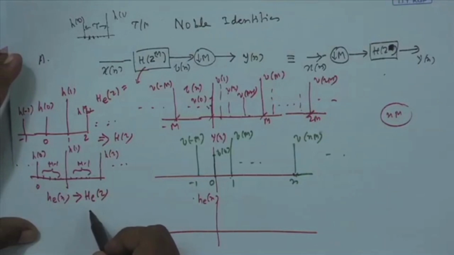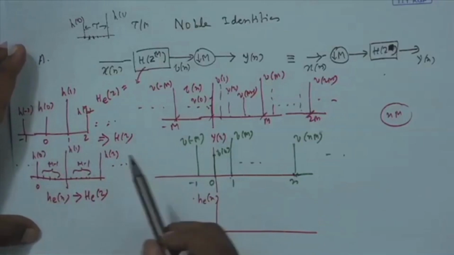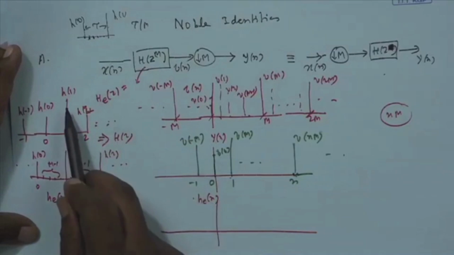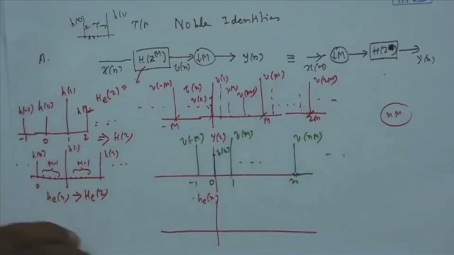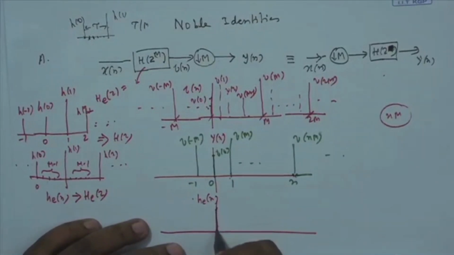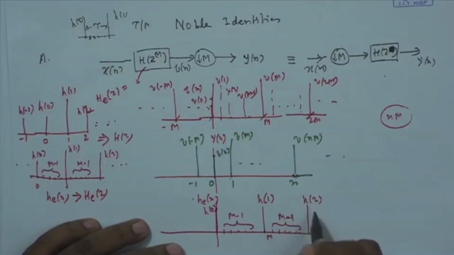What is h e z? We have yesterday seen it is h z to the power m. So, this h z to the power m is called h e z. Its impulse response is h e n, which is the expanded version of this original h n. So, you can draw it like this. H e n means first we will have a 0, then zeros, then the mth sample is h 1, then again m minus 1 zeros, h 2.